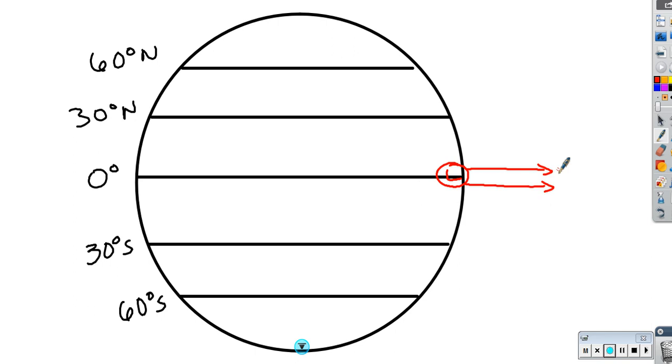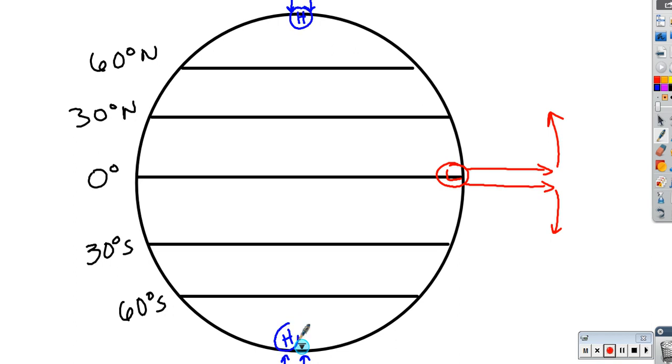The air diverges away from the equator aloft at some altitude, and at the same time we get cold air descending onto the poles, and we get our second global pressure zones.